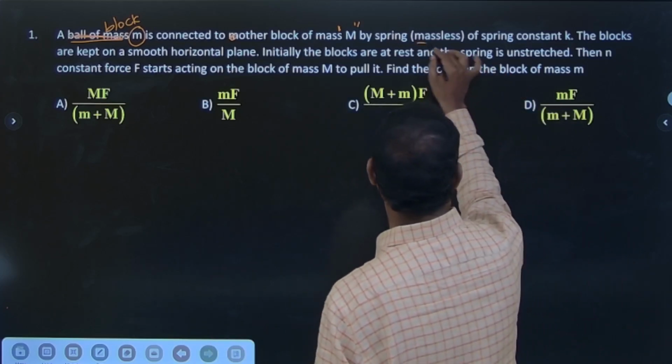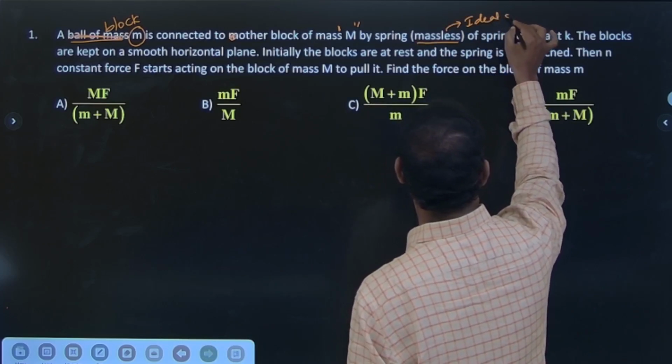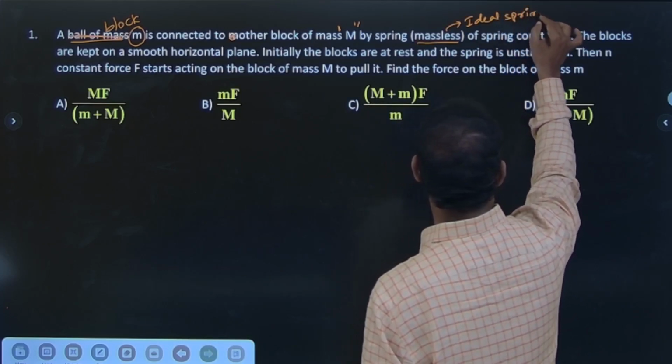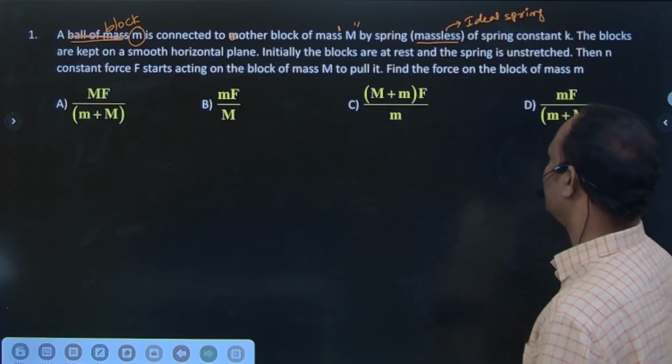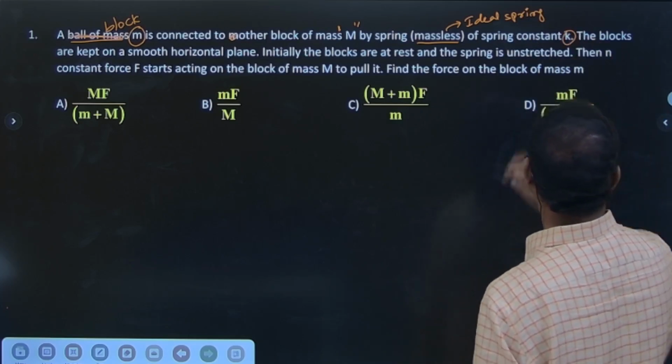Massless spring means an ideal spring. Ideal spring means the spring's force, the tension, is the same at every point. The spring's constant is K.